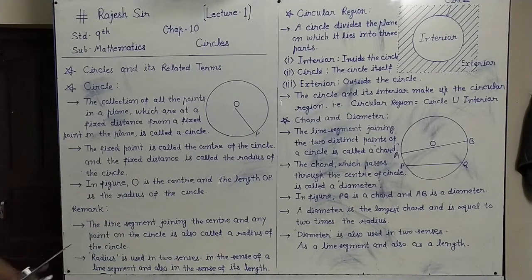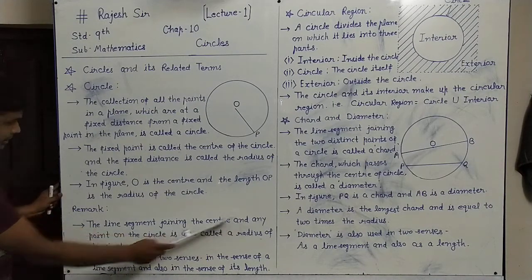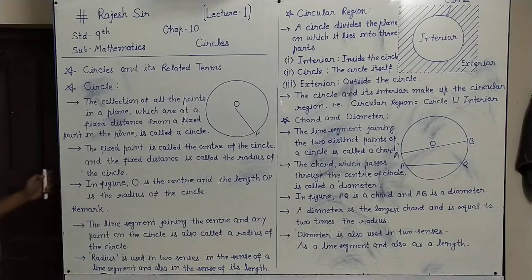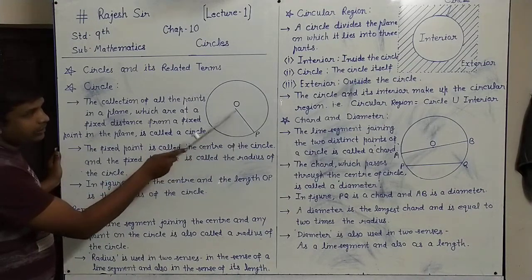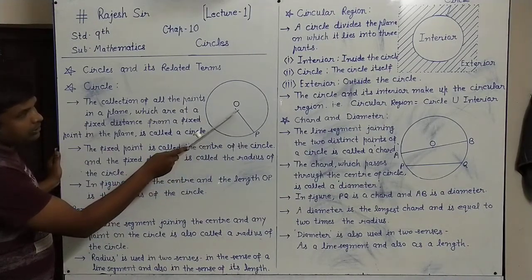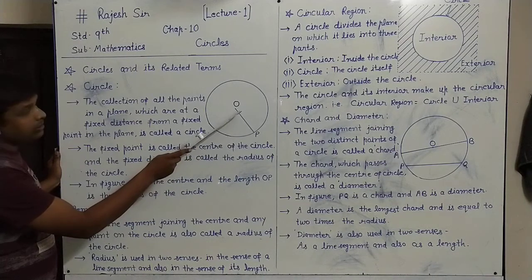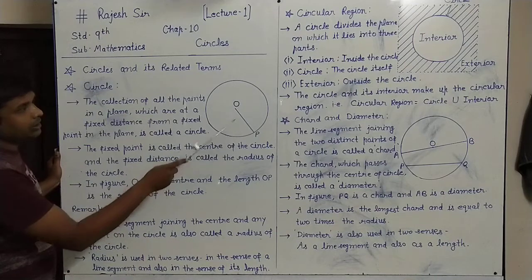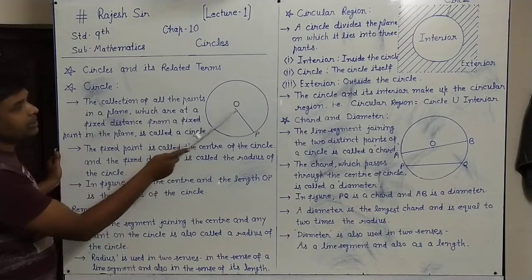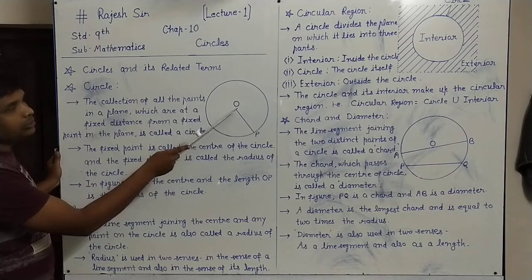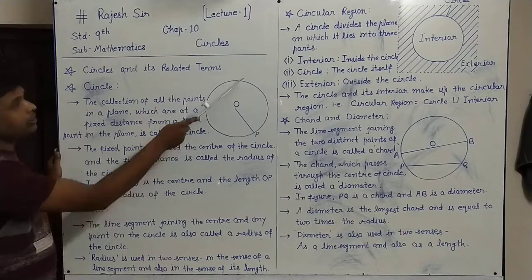Now one more thing we have to understand here as a remark. The line segment joining the center and any point on the circle. We can draw this type of line segment anywhere, joining the center to any point on the circle.